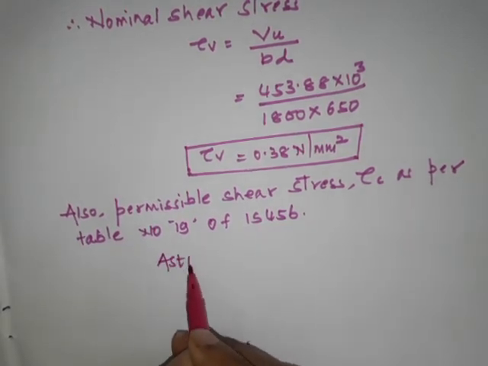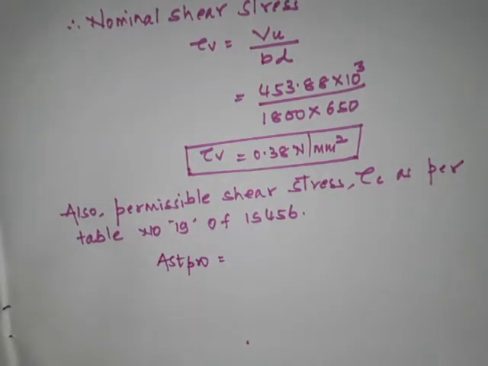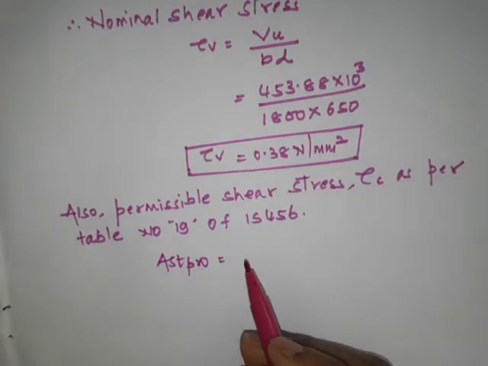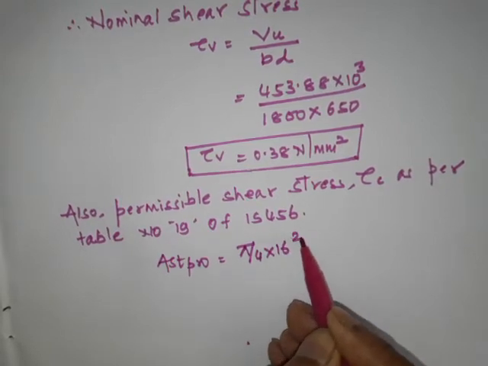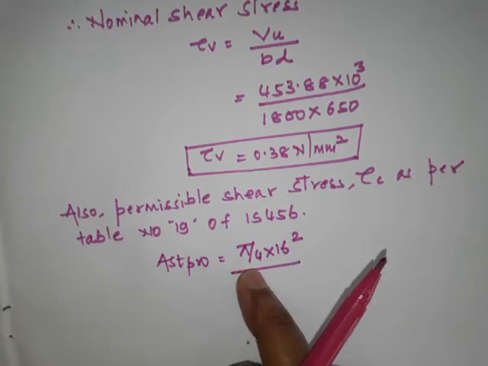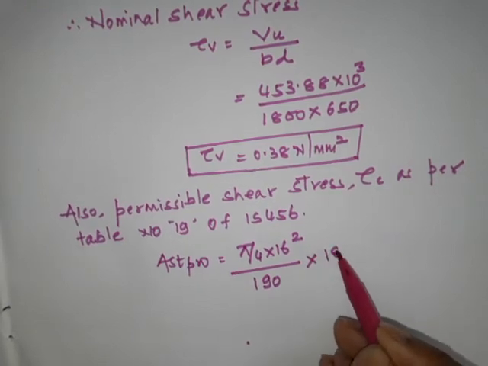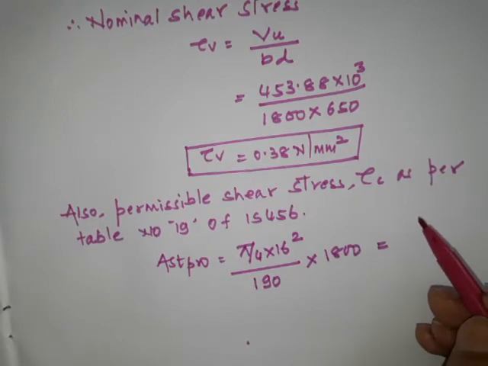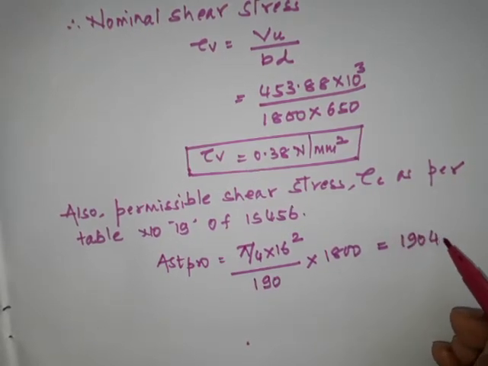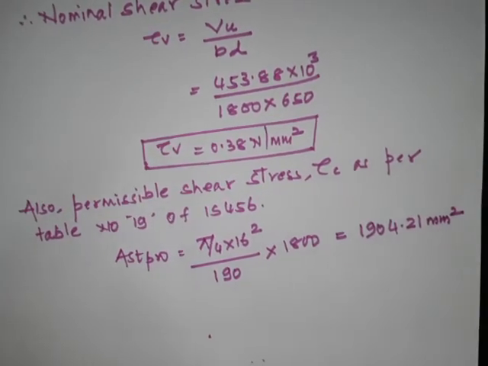Ast provided first, because we are checking under column B, so you have to check the Ast provided under column B. How can we find that? The diameter: pi by 4 into 16 square, we have provided 16 mm dia, the area of that divided by spacing, which we have assumed as 190, into 1800, that is the width. So the Ast provided will be 1904.21 mm square.